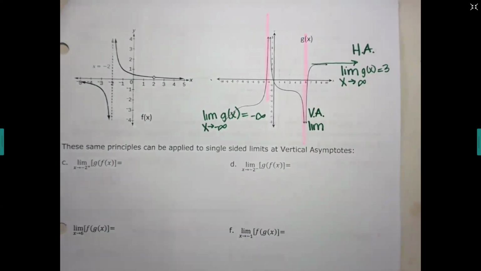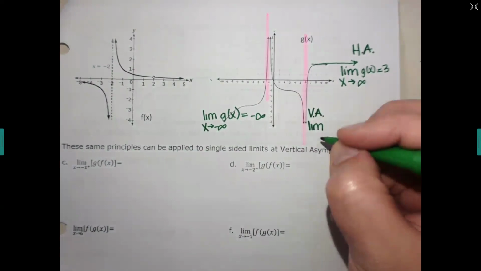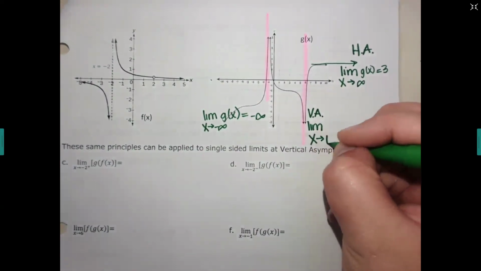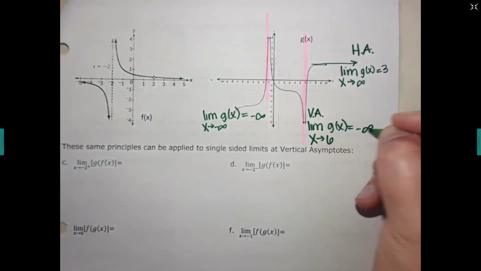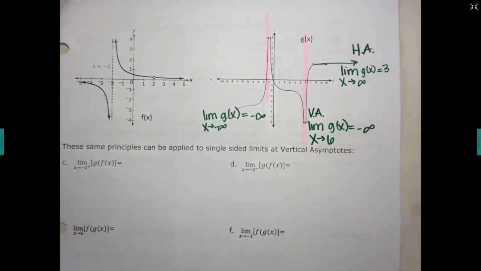What does my x need to be approaching for the vertical asymptote? What number do I need to pinch in at? 6. And then it's going to equal negative infinity, because both sides are pointed down. Yes? Okay, so now do the same thing for this one.